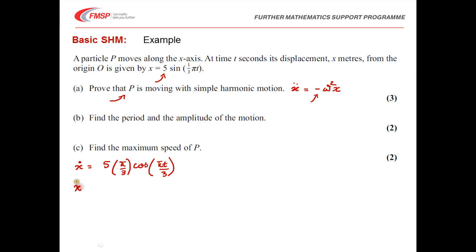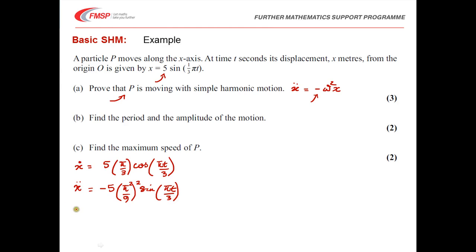If we differentiate that a second time, again using the chain rule, we need to multiply by a factor of pi over 3. So I'm going to make that pi squared over 9 there. The cosine differentiates to a negative sine, so we've got a negative in front there, sine of pi t over 3.